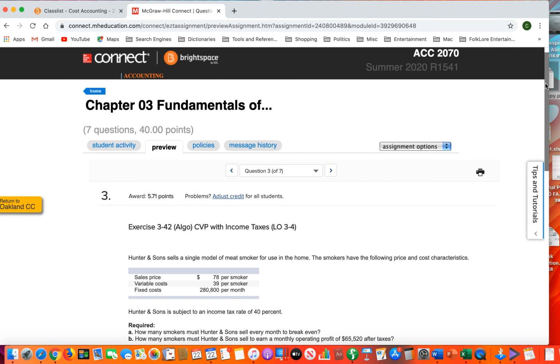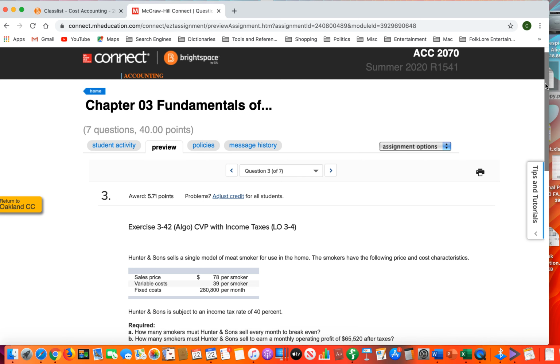Okay, now. How many smokers must Hunter and Sons sell to earn a monthly operating profit of $65,520 after taxes? Well, we know the tax rate is 40%. Remember the formula? You know the profit you want to make.